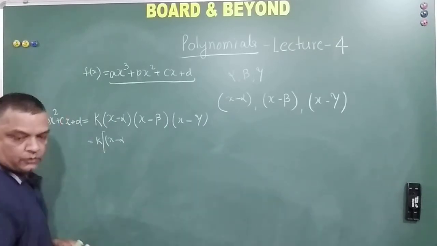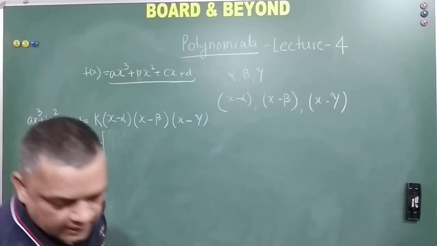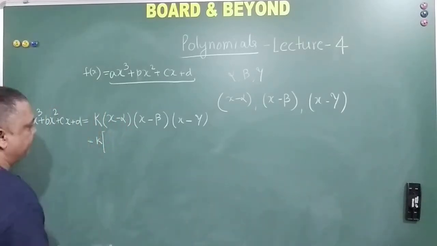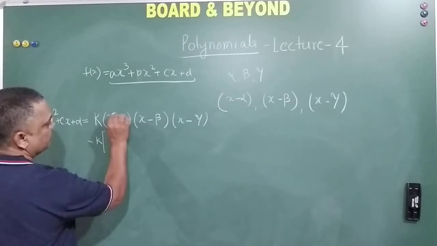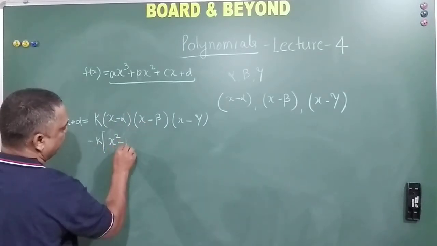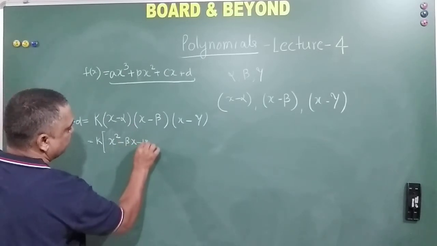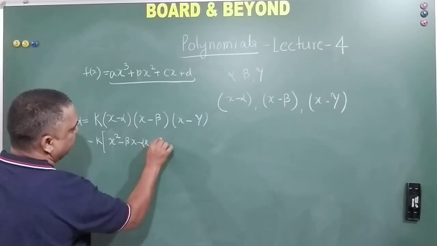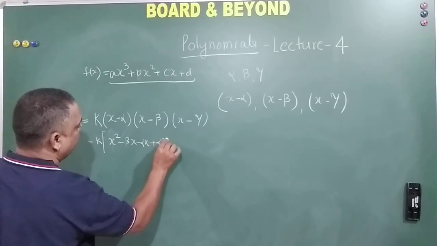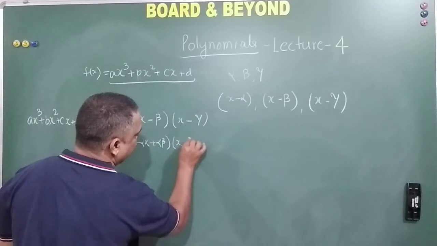Okay. So let me just do it like this. It's a fairly simple multiplication. So this into this, x square, this into this, minus beta x, this into this, minus alpha x, this into this, plus alpha beta, into x minus gamma.